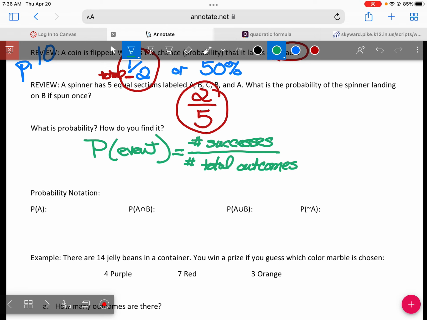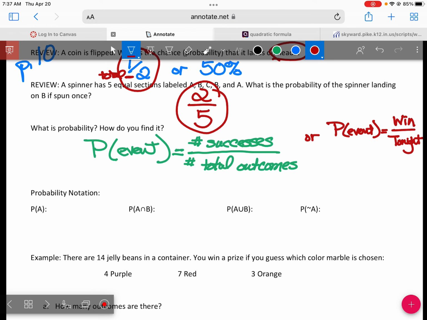Okay? Now, one way to help you remember that is I want you to think of the probability of an event happening at Pike, okay, is that we want to win tonight. Now, if this doesn't help you, don't think about it. If it does, great.